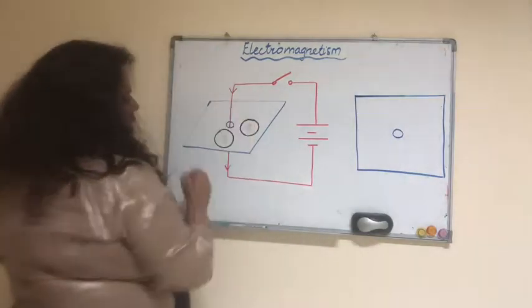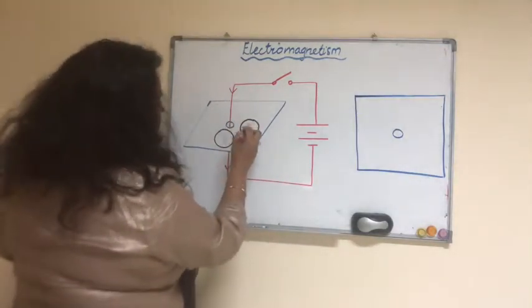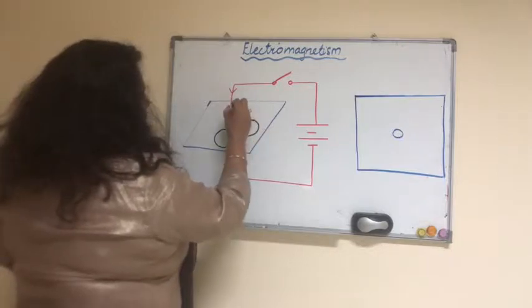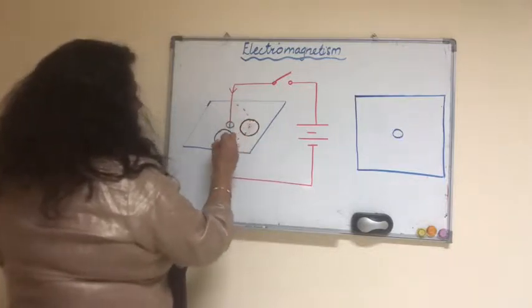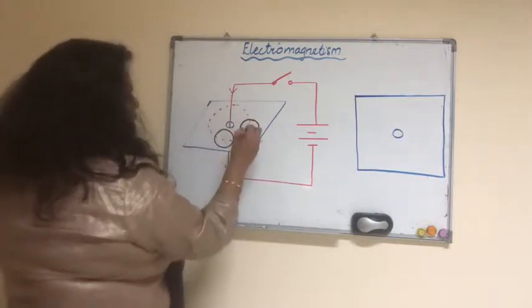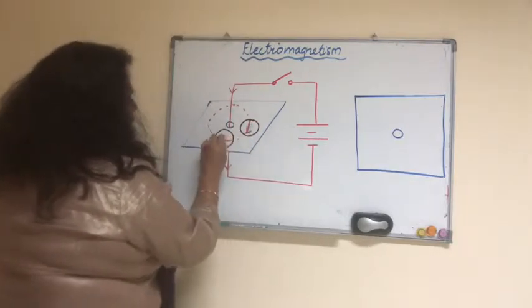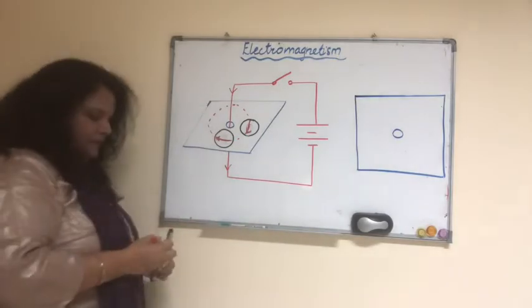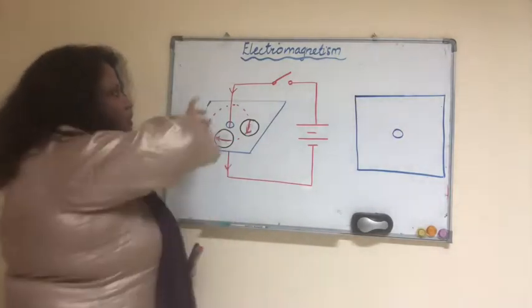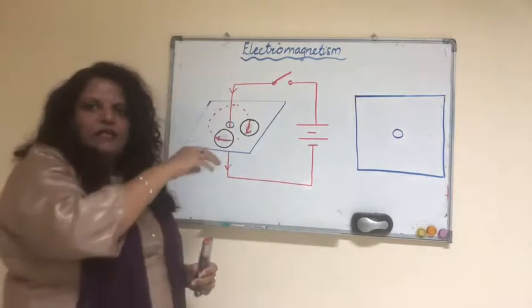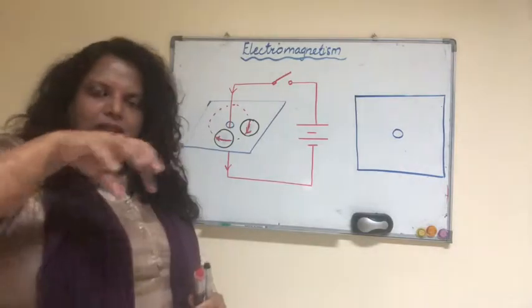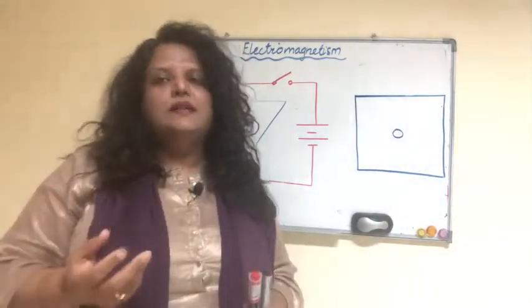So how will the magnet or the magnetic needle get aligned? You will notice that it will be forming a circle. So here you notice it will be aligned this way, and here it will be this way, right? So you have the direction, as I said, clockwise, and the compass needle will align itself so that it completes a circle.